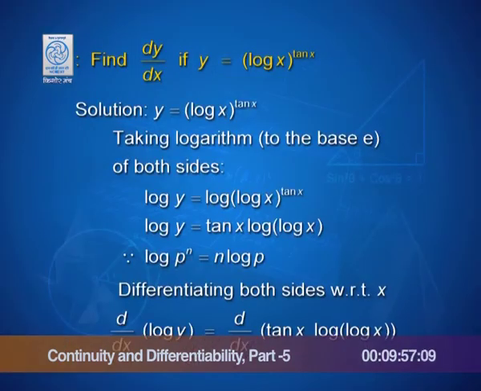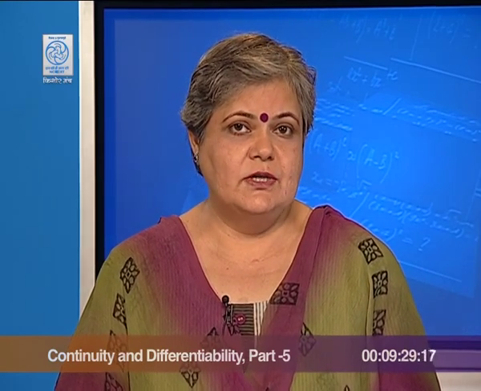I get the derivative of log of y with respect to x, derivative of tan x into log of log x. This needs to be looked at with care, that when you differentiate log of y, there is a presence of chain rule, because log y is composition of logarithmic function and y which is a function of x, whereas the right hand side is product of two functions.